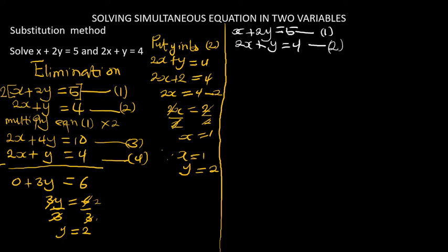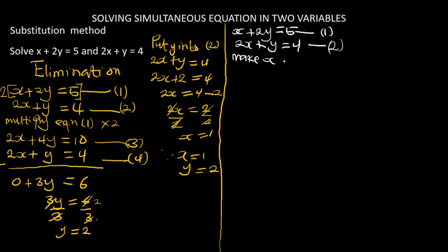Now, what the substitution method does basically is we take one equation and make one of the variables the subject, so we can put that subject into the other equation. So let's make x the subject in equation 1.